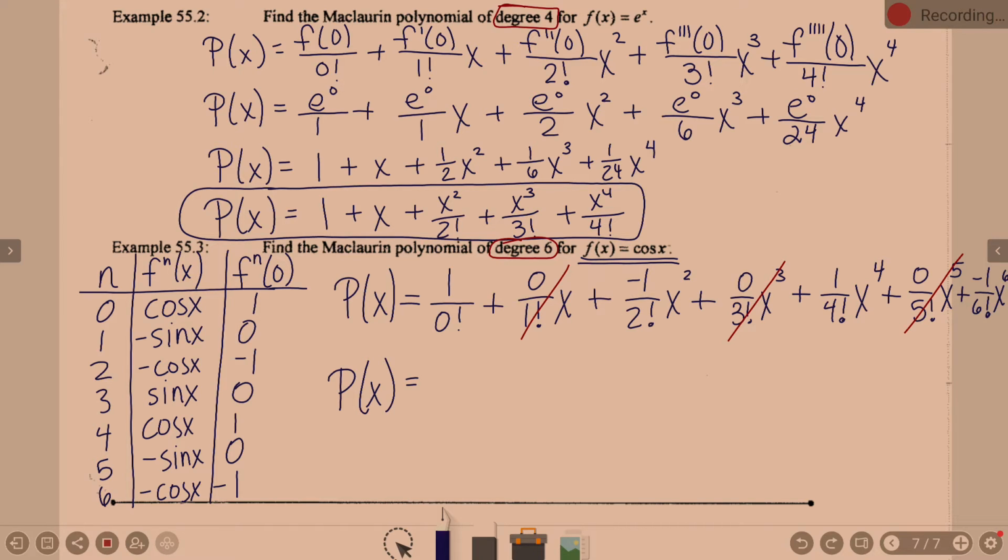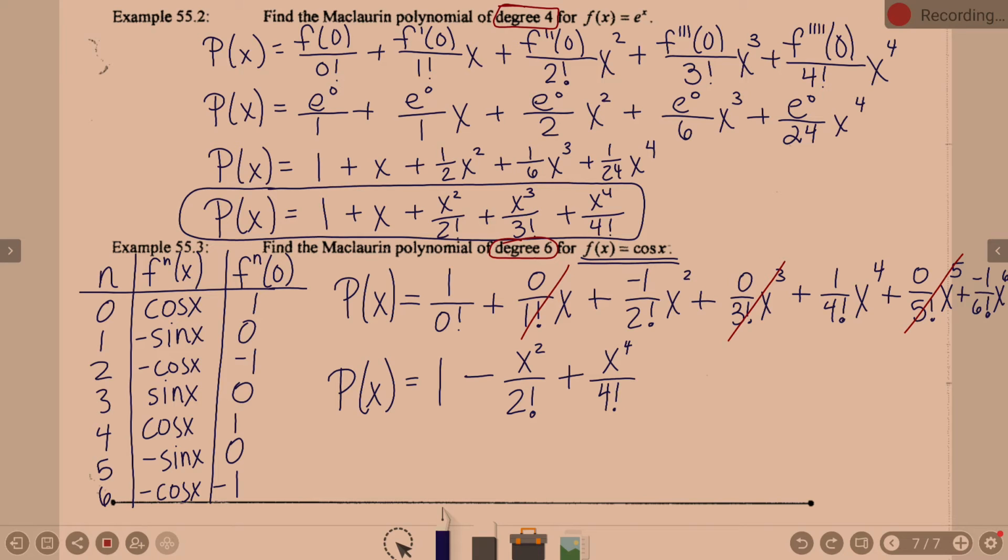So 1 over 0 factorial is going to be 1. Now notice, it's negative 1 over 2 factorial, so I'm actually going to write it as minus x squared over 2 factorial. This is kind of an official form here. Notice my x to the fourth term is positive, so I'm going to say plus x to the fourth over 4 factorial. My fifth term is gone.